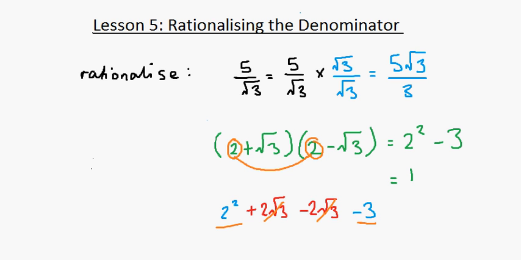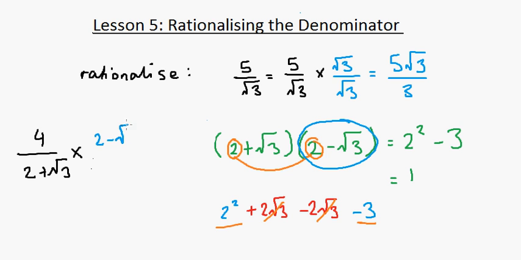It is 4 over 2 plus root 3 times this. We're going to times it by this because we know that equals 1, and 1 is a rational number. So now we have 2 minus root 3 over 2 minus root 3, which is again 1.